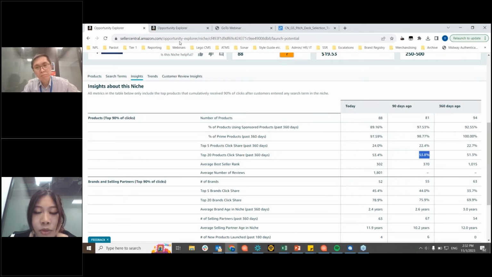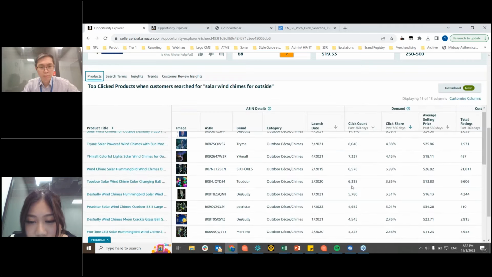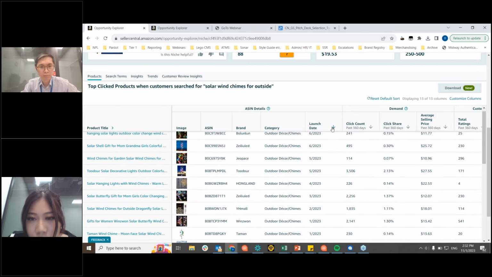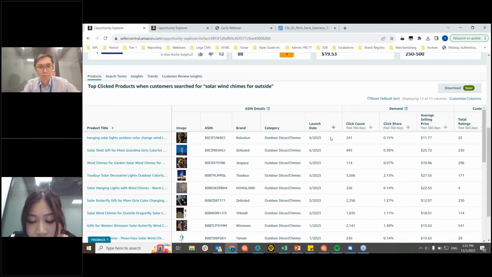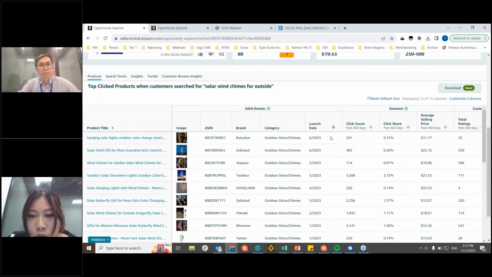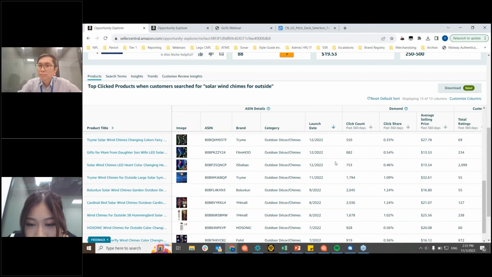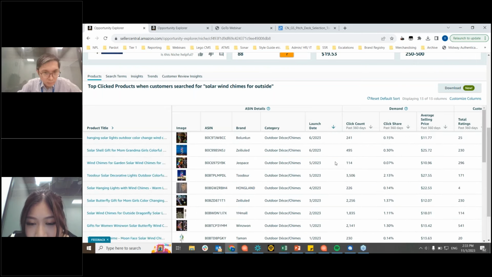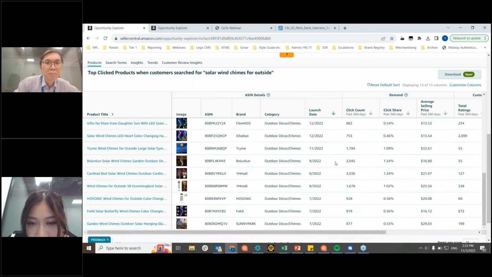That means it's quite well spread out across the different products that are really selling. Let me take a look at this again. If you filter by the launch date, actually there are a couple of new products, in fact, the top click count products seem to be newly launched, right? That means there are a couple of people launching these products in these few years.